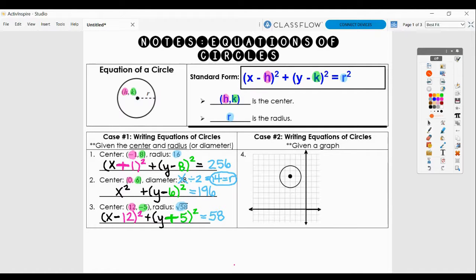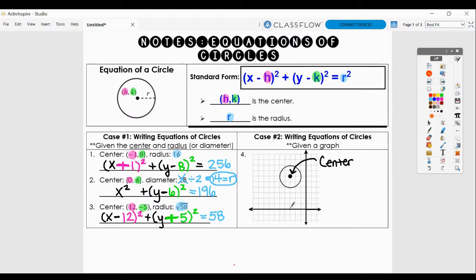The next case we'll have for writing an equation is when we're given a graph. We don't have the center or radius written like we did in the first case, but we still have it easily visible. Let's go ahead and write the center. That's the point right here. We label it whatever point it is on the graph.